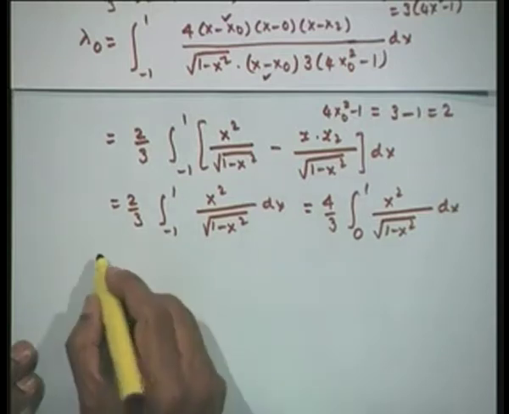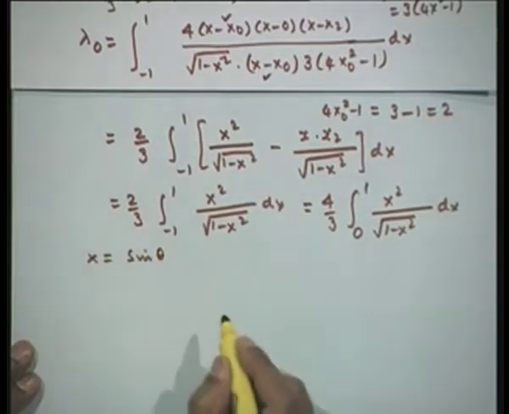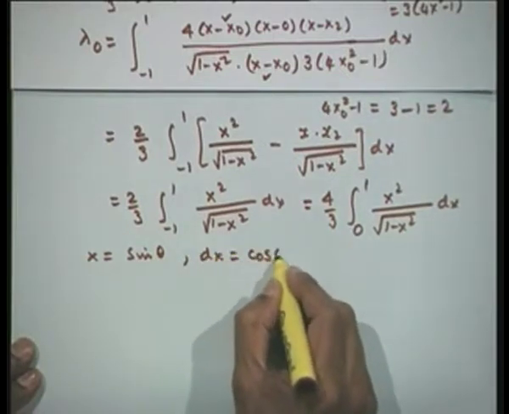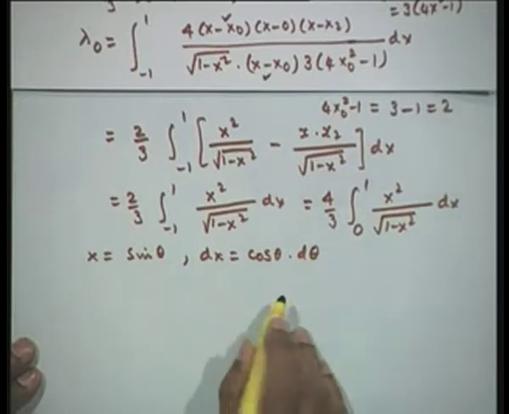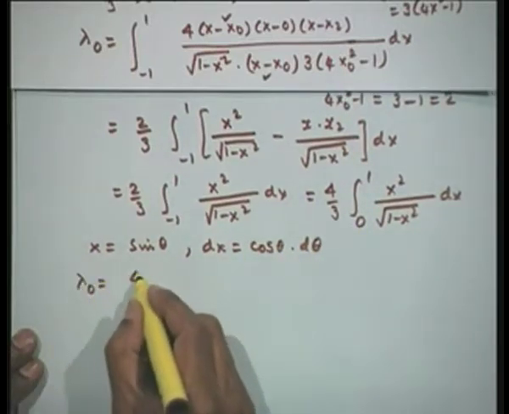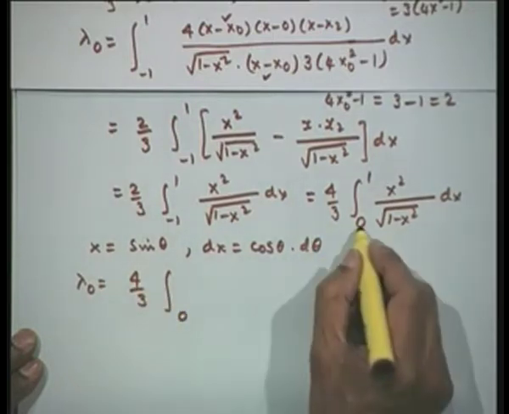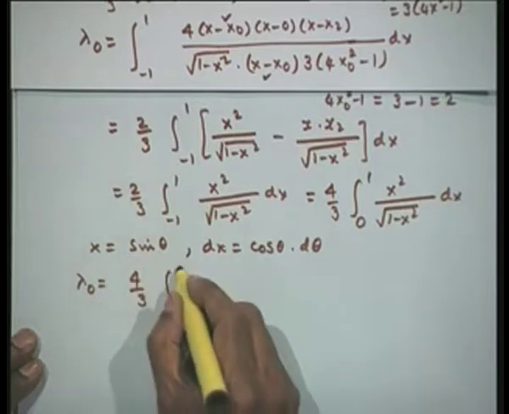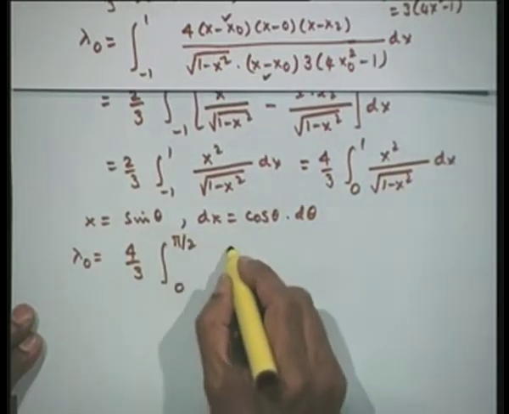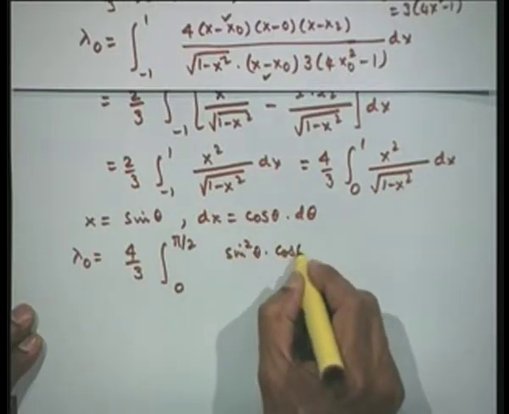So let us use the standard substitution, x is equal to sin theta, then dx is equal to cos theta d theta. So this integral simplifies to 4 upon 3, with theta from 0, since sin 0 is 0, and when x is 1, theta is equal to pi by 2. x squared is sin squared theta, dx is cos theta d theta.